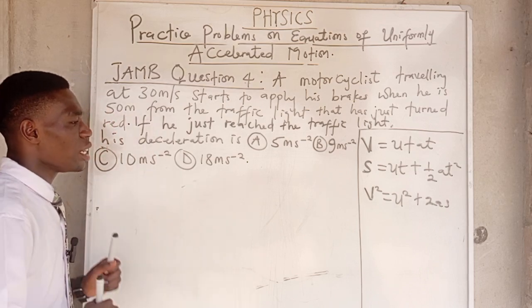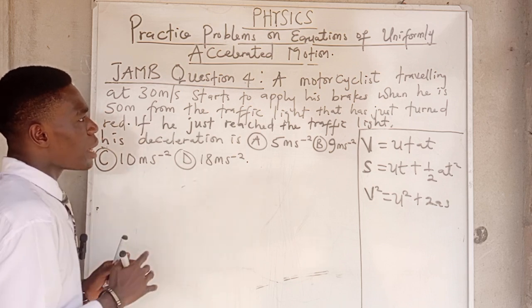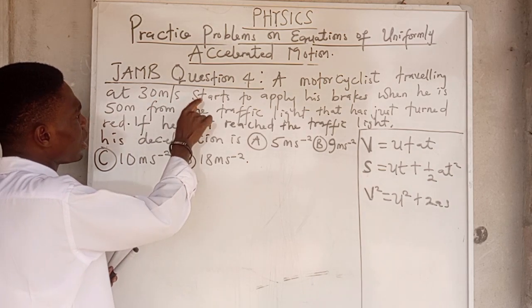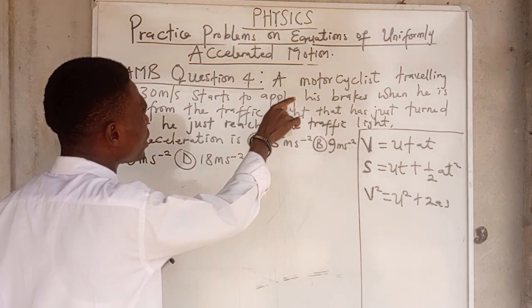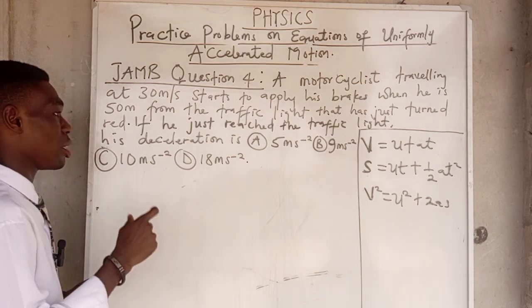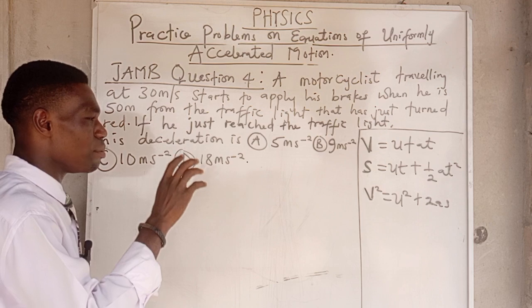It's very simple. The first thing I have to do in this question is to analyze it. Now, imagine a motorcyclist traveling at this speed who starts to apply his brakes when he's 50 meters away from the traffic light that has just turned red. And we all know that when a traffic light turns red, it means stop.